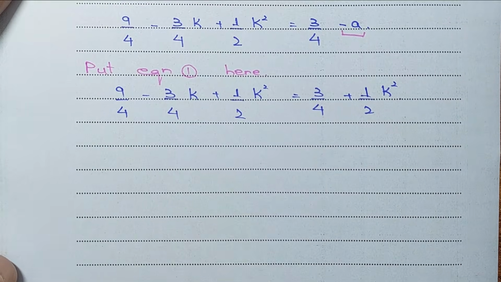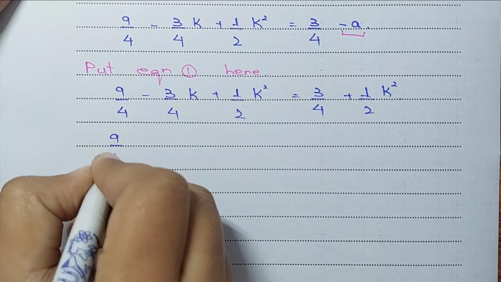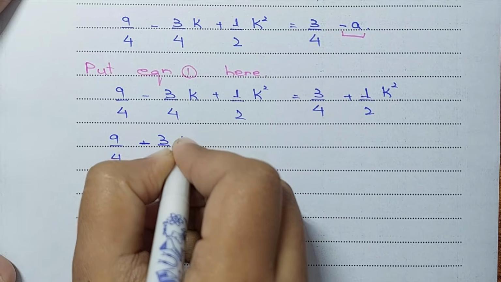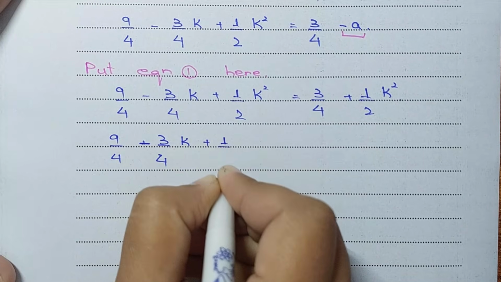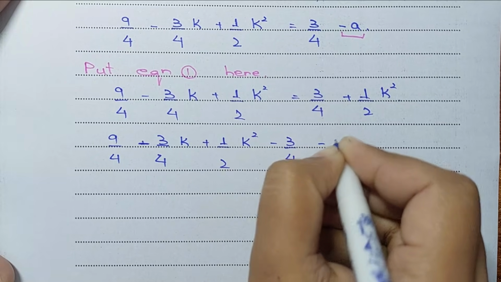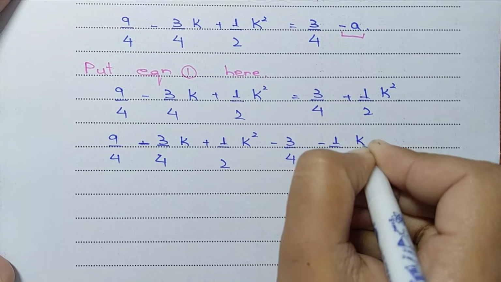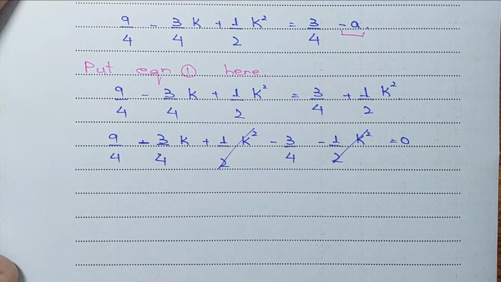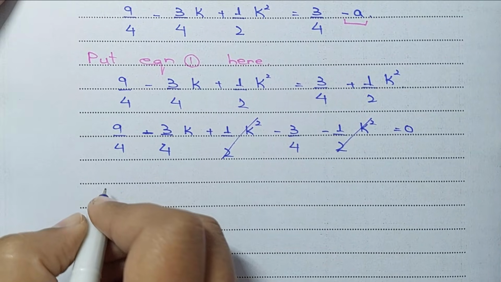Shift all the terms to the left now: 9 by 4 minus 3 by 4k plus 1 over 2k square minus 3 by 4 minus 1 over 2k square equals 0. Now the positive and negative k square terms cancel out, right?